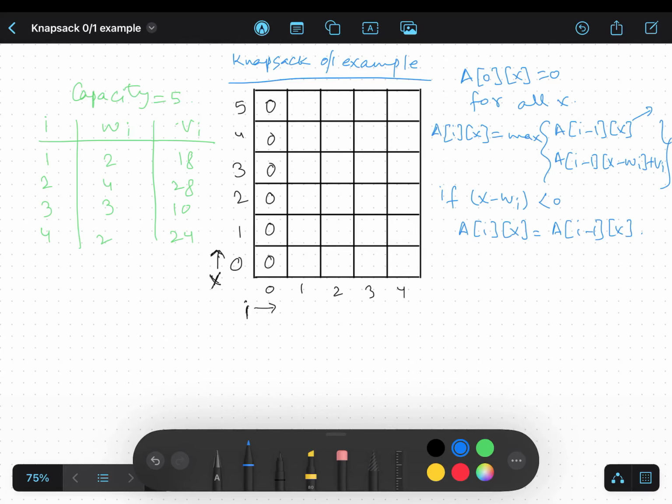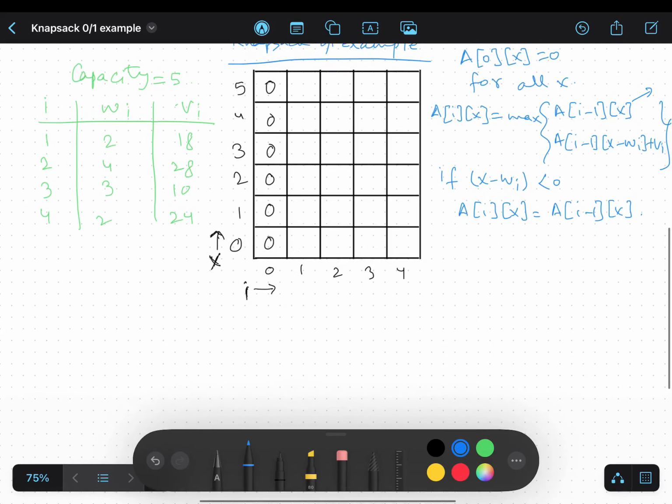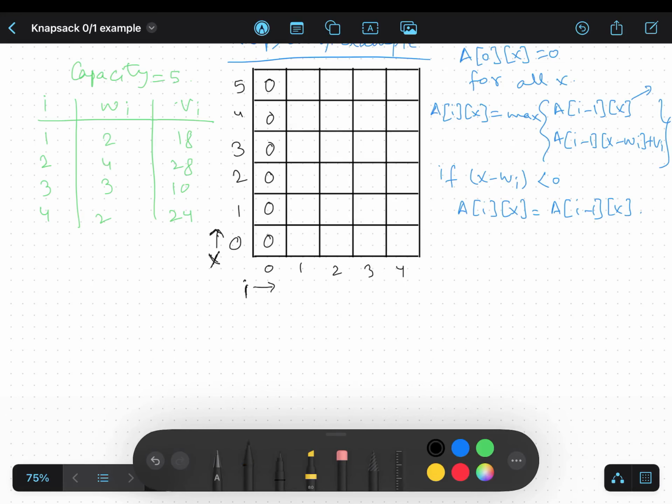So this is the recurrence we discussed in our previous session on Knapsack using dynamic programming. If you haven't watched that video, I recommend you go and have a look so that you have a better understanding of this session. Okay, so let's start with the filling of the grid.